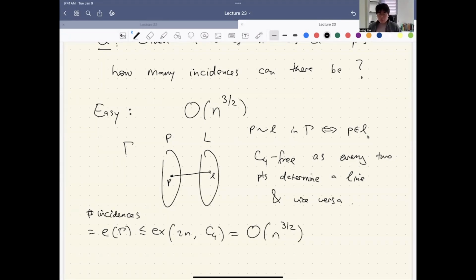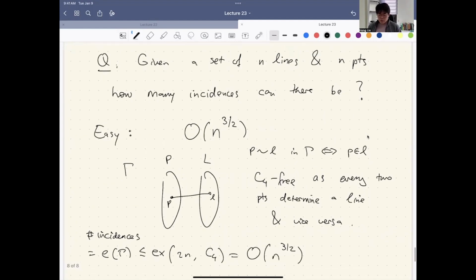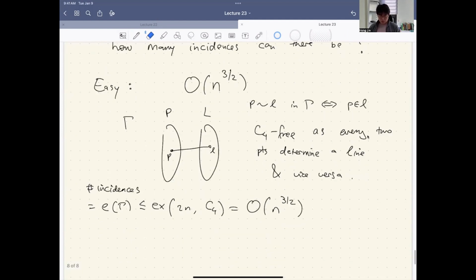Turns out this bound is far from optimal. There's this classical result of Szemerédi and Trotter, who proved that the number of incidences is actually at most of order n to the 4/3.